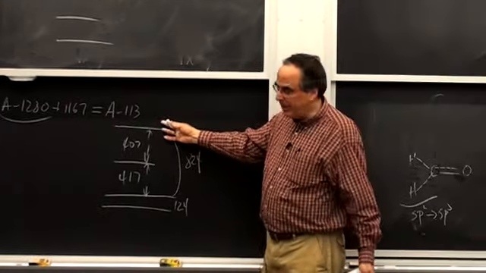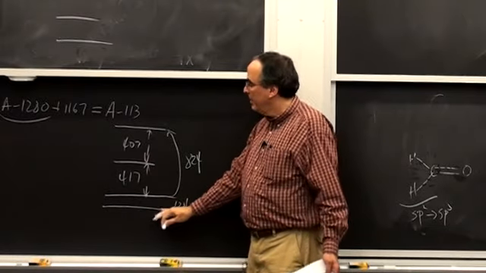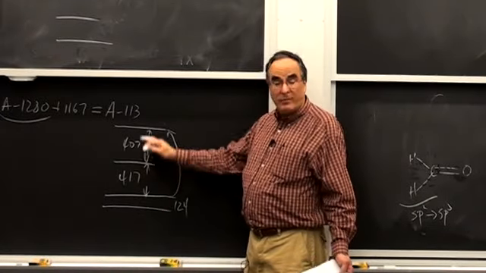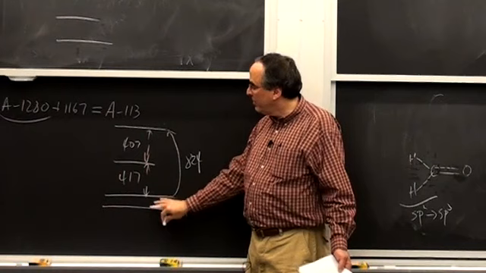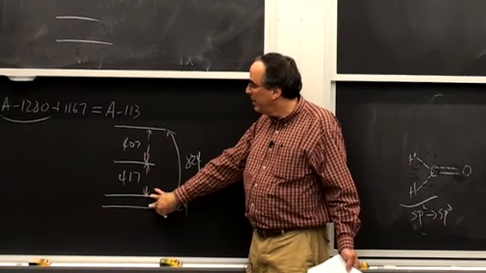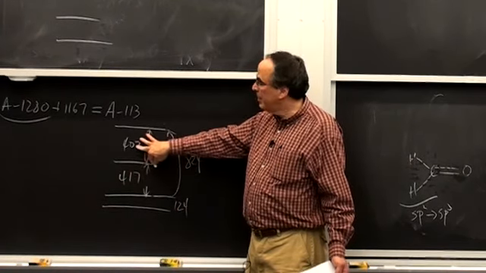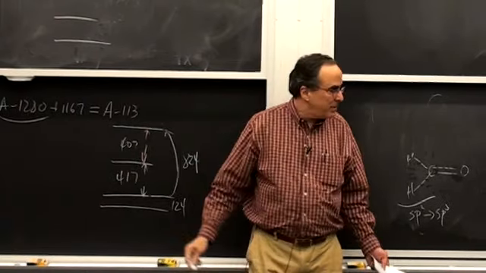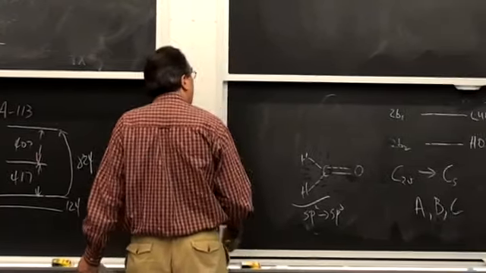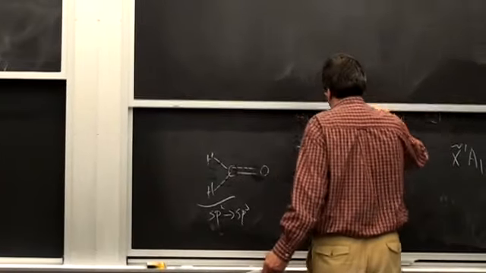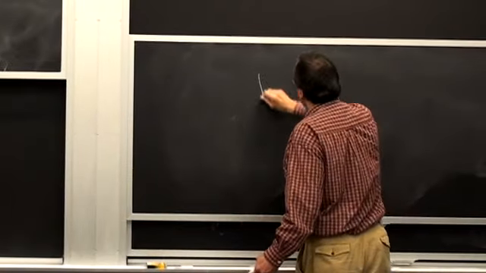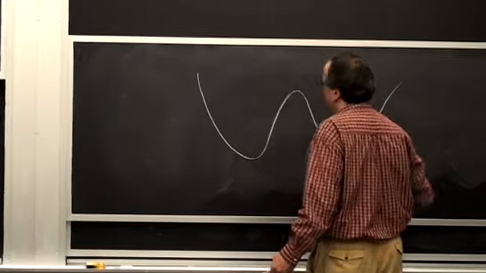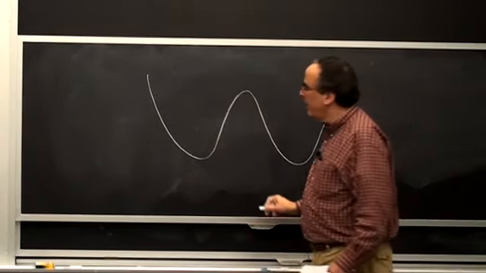So here we have a level diagram, and this is for one vibrational mode, and you see a small, then a big, then a small, then a big. And it's what you expect for a double minimum potential with a relatively low barrier.